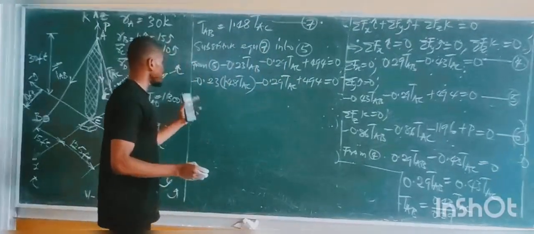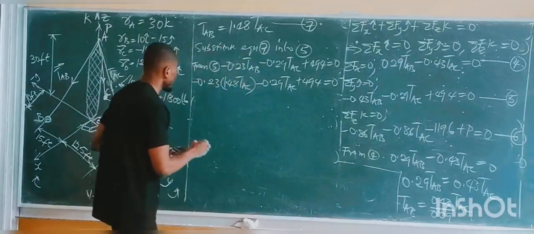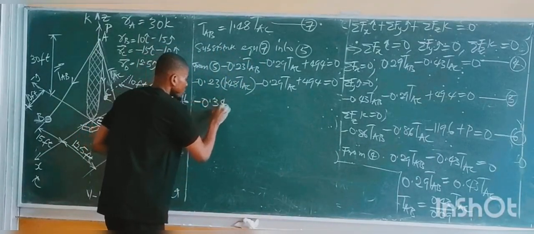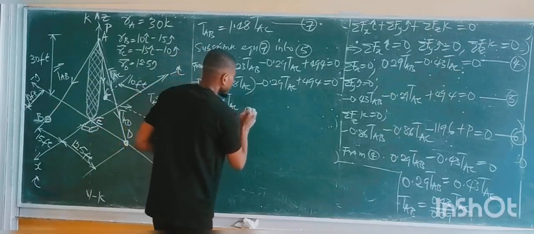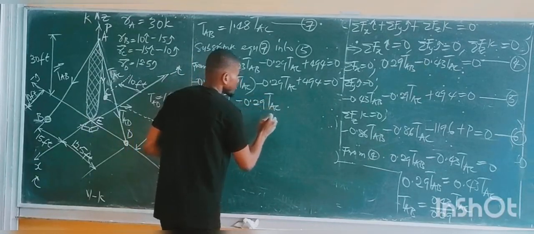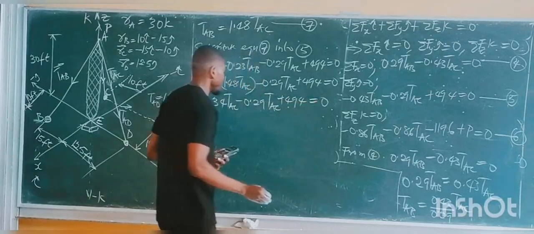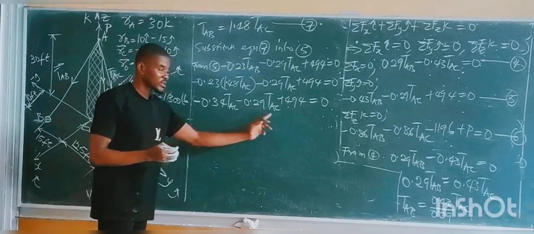So let's expand this now. Minus 0.23 multiplied by 1.48 is minus 0.34 TAC, minus 0.29 TAC plus 494 equals 0.